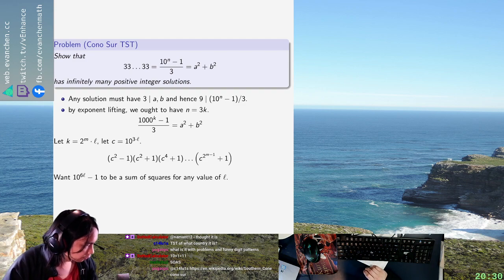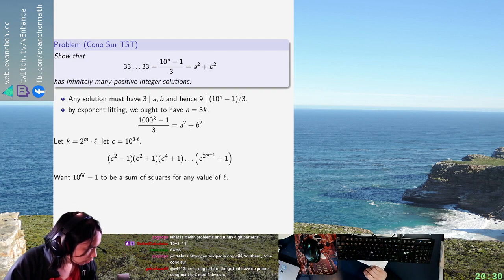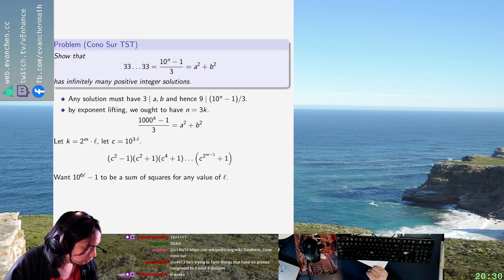It's not even 0 mod 11? What's wrong? Wait, am I being stupid? Is 10 to the odd power not divisible by 7 times 11? Wait, what?